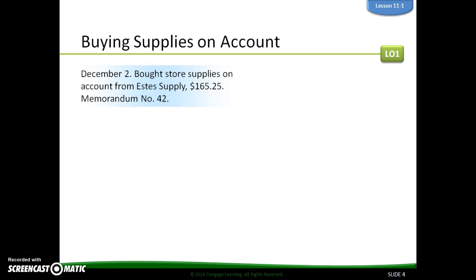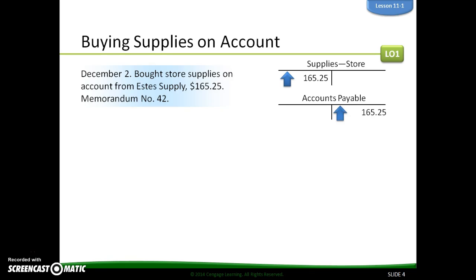So for buying supplies on account, here's an example. On December 2nd, we bought store supplies from Etsy Supply for $165.24. Now, when we look at our supplies account, we're going to notice that a debit is going to increase the supplies, and the credit is going to also increase accounts payable.